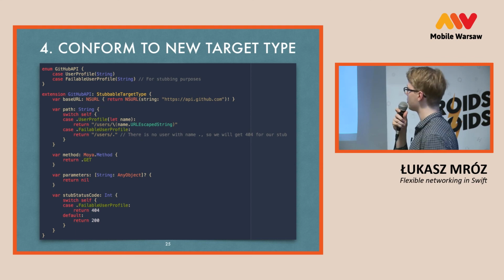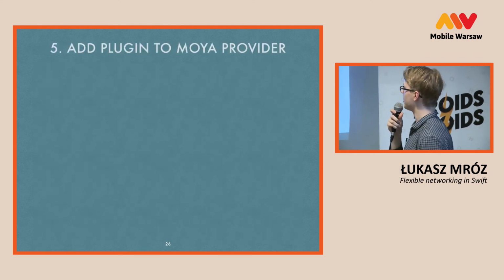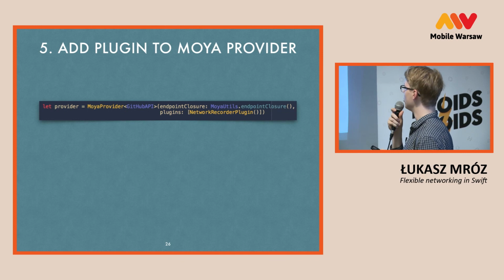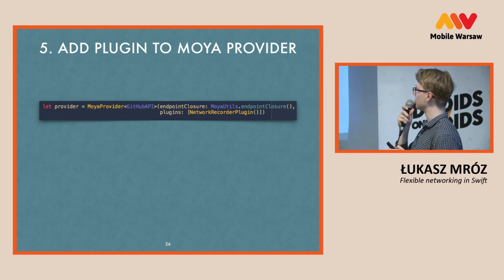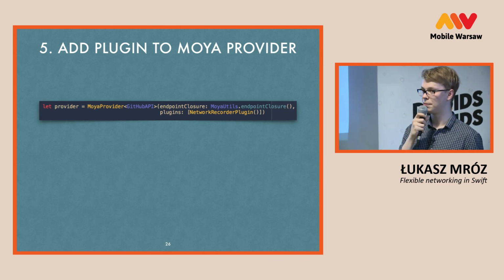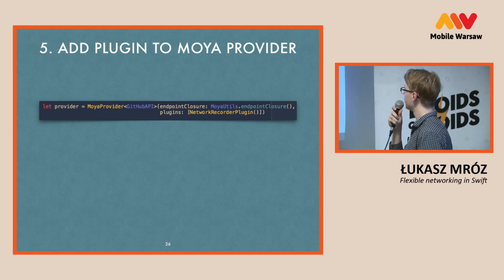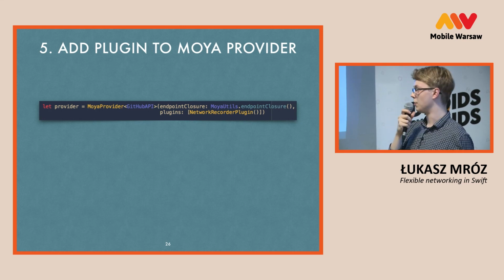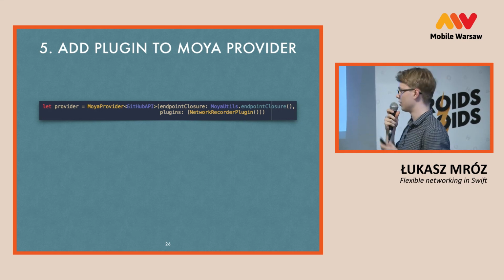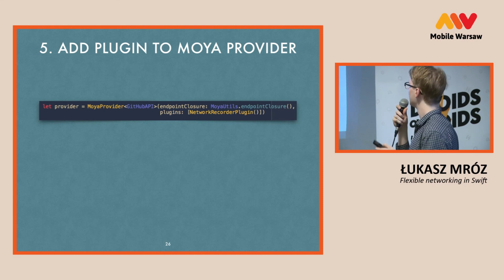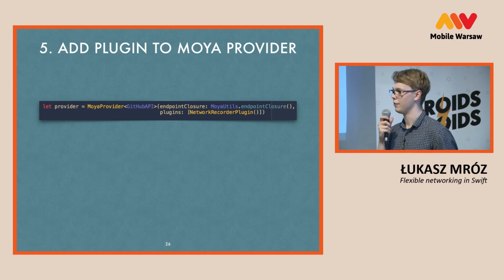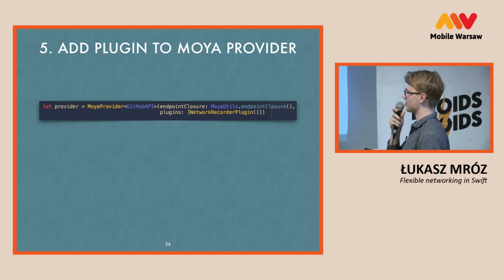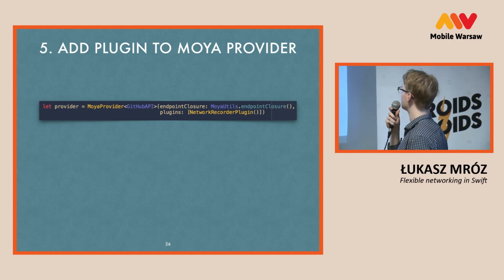So we have to change our provider initialization we had before. So before we only had endpoint closure, and now we have to pass the plugin we are setting. So we are passing the array of plugins. Here we just have one plugin, but you can see that there are more on the Moya website. And this is for when we want to record stuff. If we don't want to record stuff, we just don't pass the plugin network recorder.